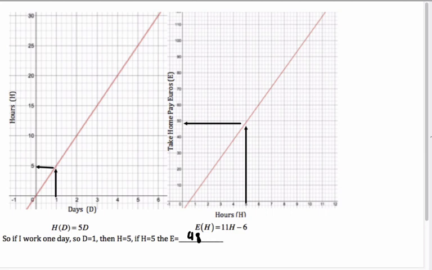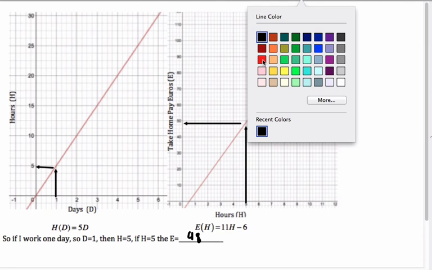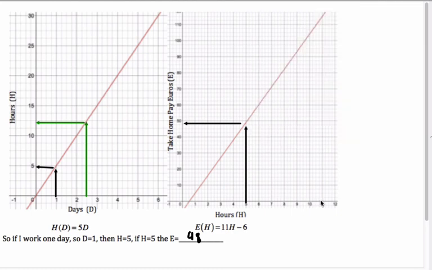Similarly, if I did the same scenario, but let's change colors. Let's go to green. If I would work, let's say, for 2.5 days, meaning I get sick halfway through the third day, that means I'm going to work about 12.5 hours. Going over to here then, if I go 12.5 hours, oh, I'm off my scale.